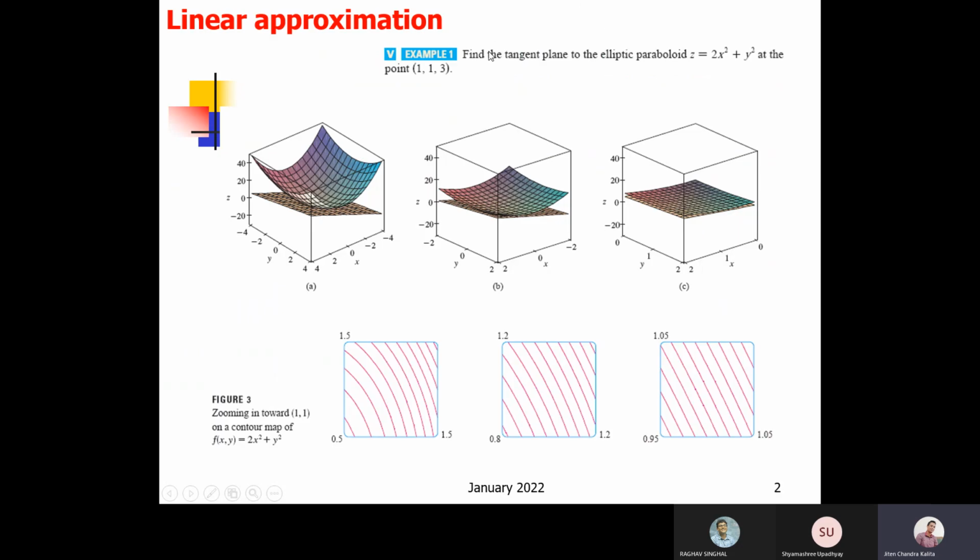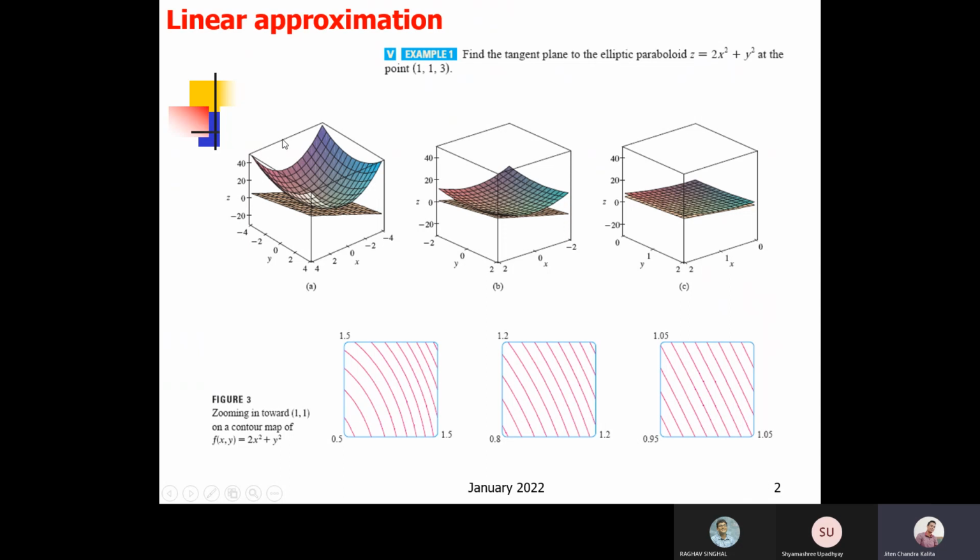Now I'm trying to find the tangent plane to the elliptic paraboloid given by z equals 2x squared plus y squared at the point (1, 1, 3). You can see the third coordinate z is nothing but 2 into 1 squared plus 1 squared, if you plug in the values of x and y. Okay, fine.